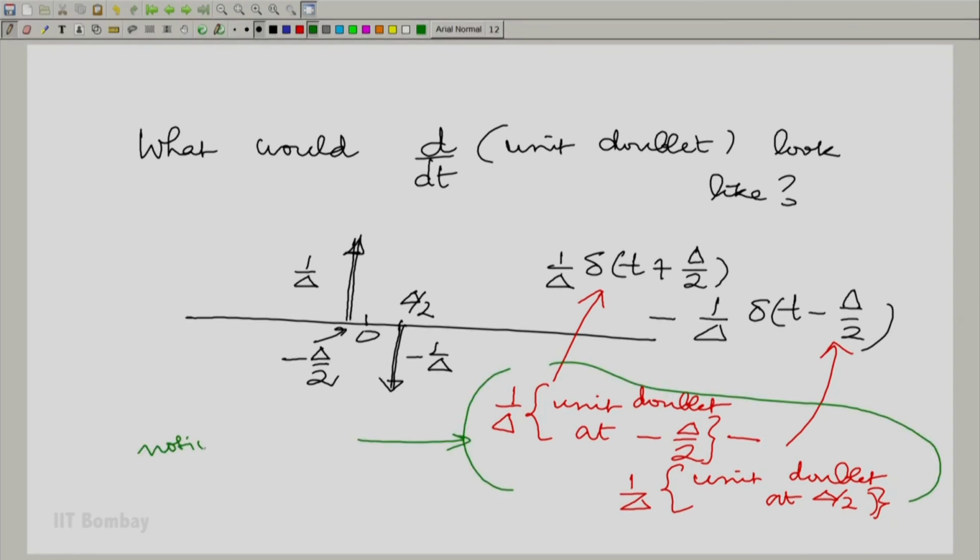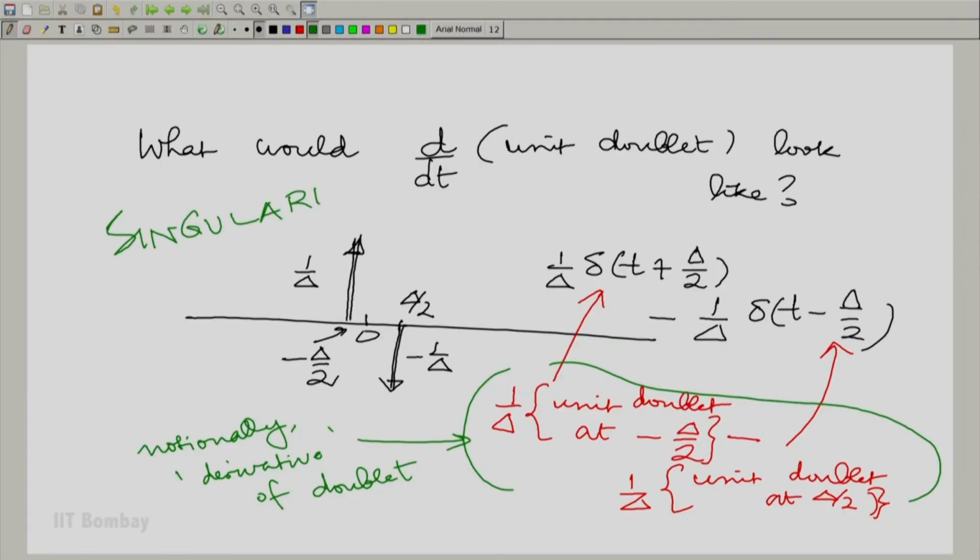So, together this would be the derivative. So, when I take a derivative of a doublet, I get two doublets, and those two doublets also start coming closer and closer to one another, and now you have several heights going to infinity here. Now, all this is becoming difficult to visualize, I know.